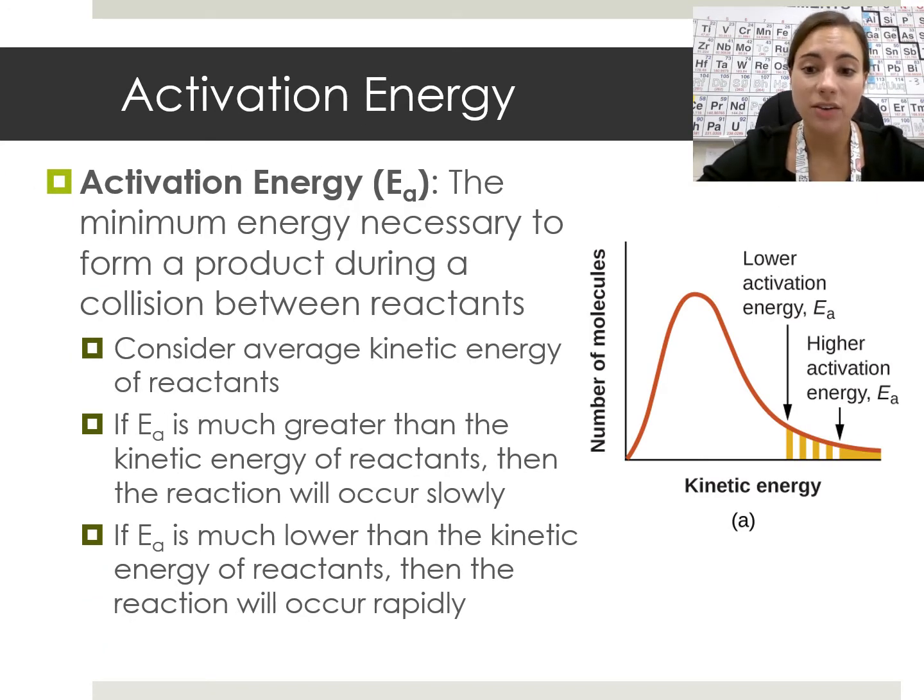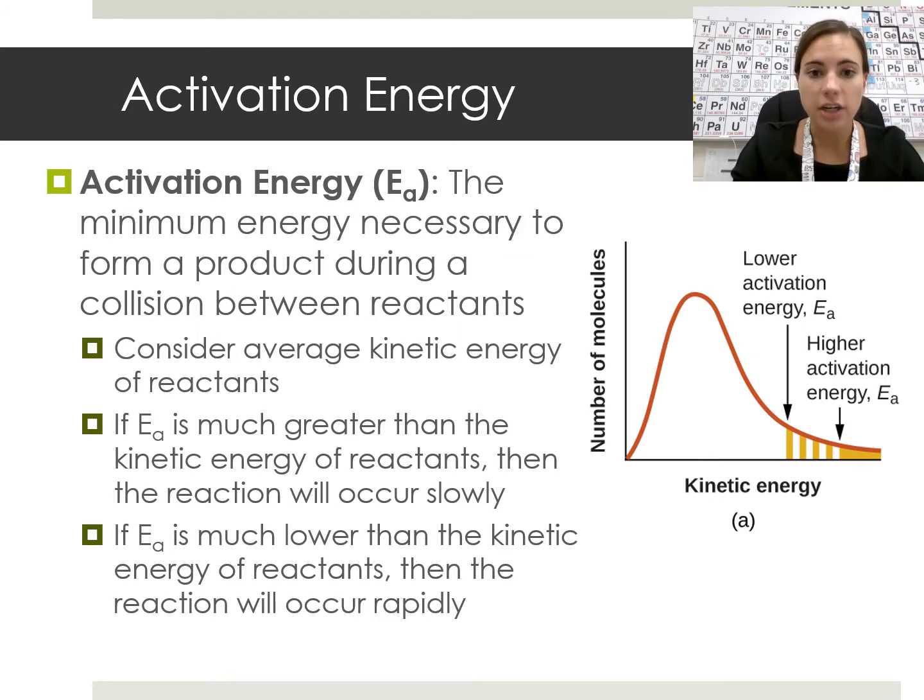Something else that governs how fast reactions occur, and the mechanism by which they occur, is the activation energy. Activation energy is something you've heard of before, and it's the minimum energy necessary to form a product during the collision between reactants. So consider average kinetic energy.